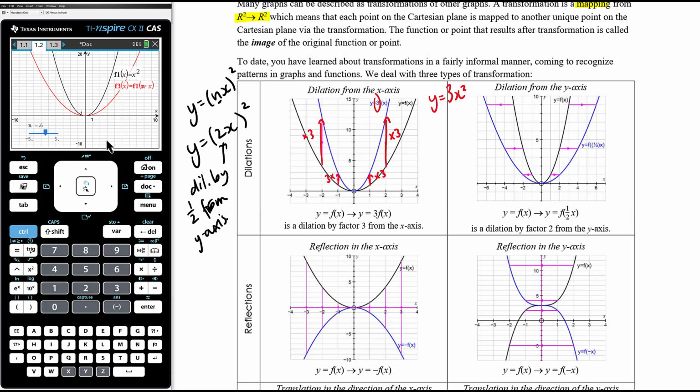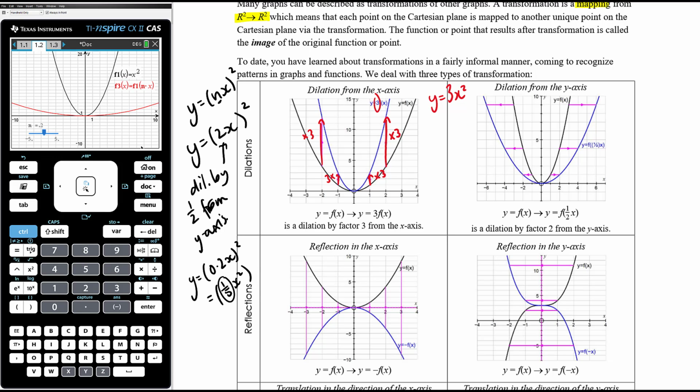Let me make it 0.2. So if n is 0.2, we've got y equals 0.2x all squared. I can't work in fractions in the calc, that's 1/5 x all squared.